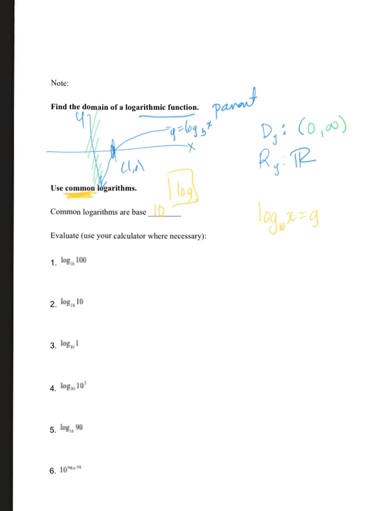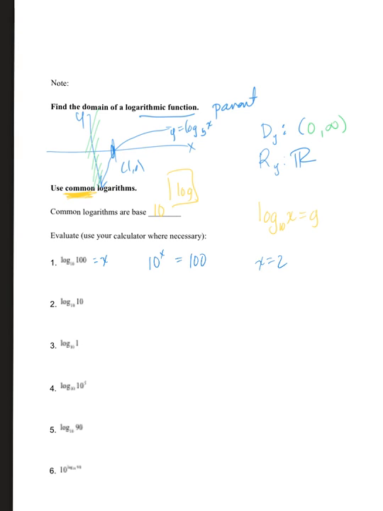So if I were to go and try to evaluate these logarithmic expressions, let's see if I can do them without the use of a calculator. Well, if I set the first one equal to x and represent it in exponential form, it would be 10 to the x equals 100. Well, 10 to what power equals 100? 2. 10 squared is 100.